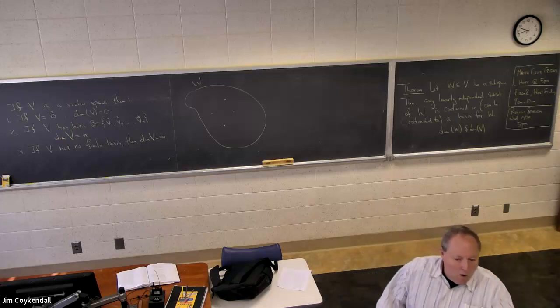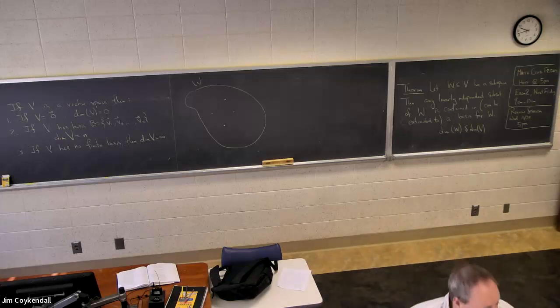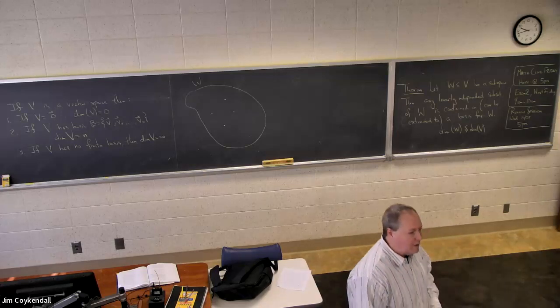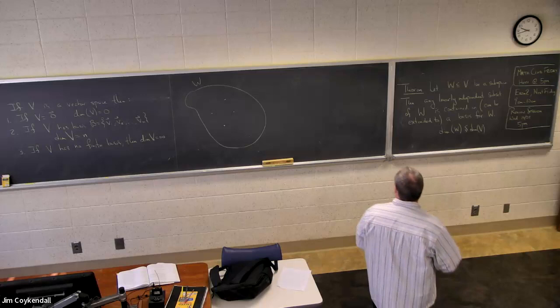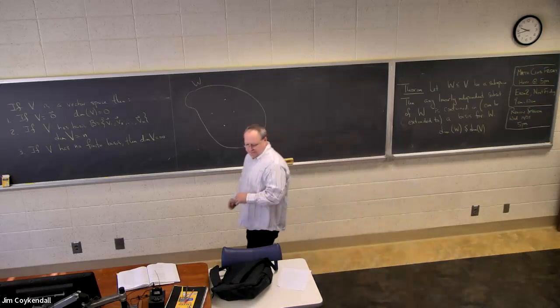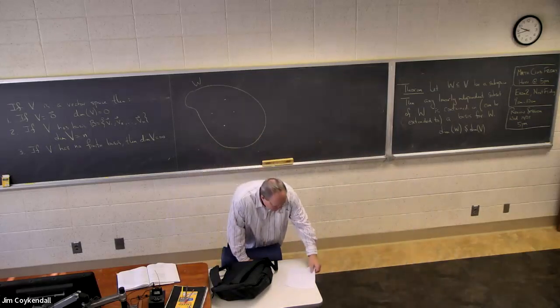So if I start with one non-zero vector, I can grow it to a basis. This is something we're going to do later, called the Gram-Schmidt process, that allows you to build convenient bases in certain settings.